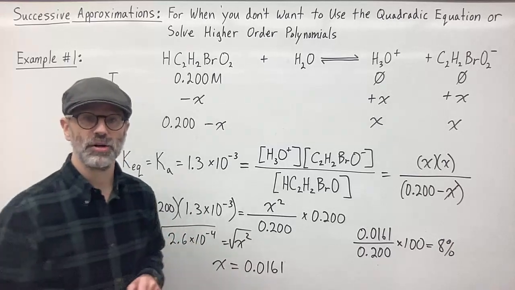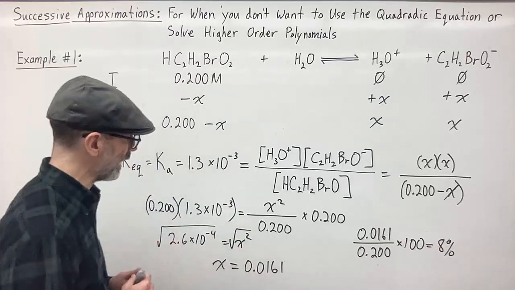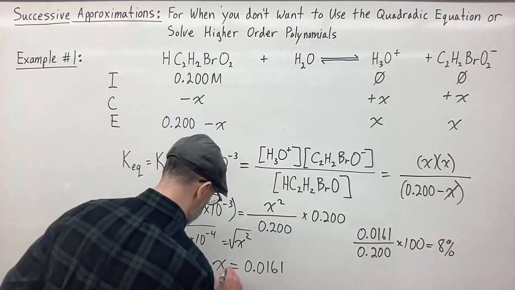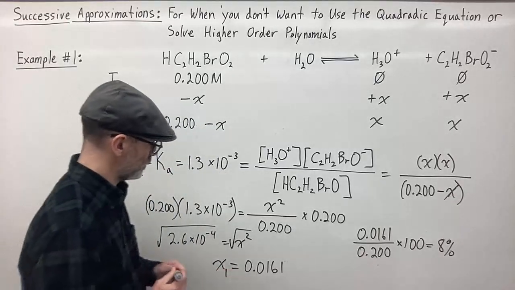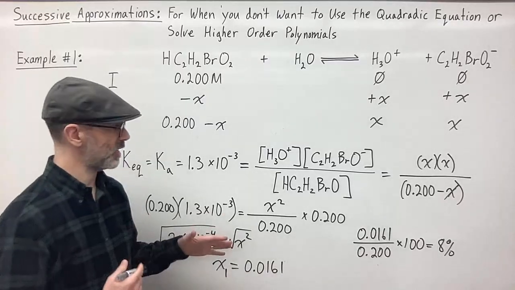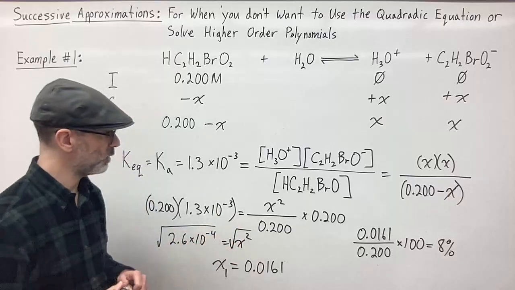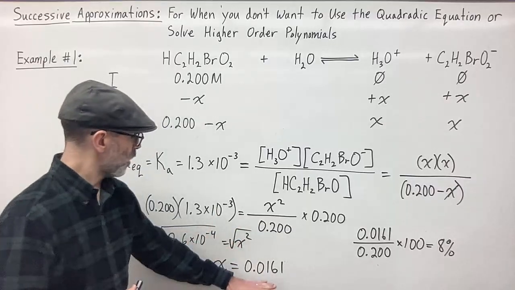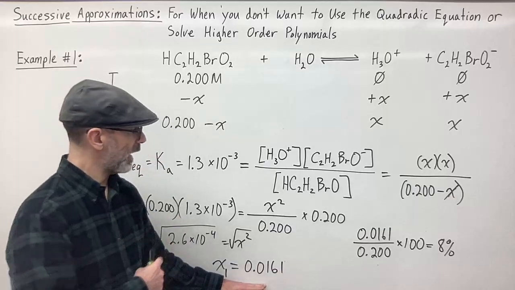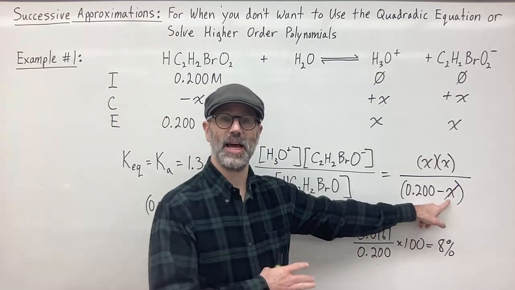Now here's where the successive approximations method comes in. What I can do is I can take my X value, we'll call this X1, right? This is my first X value in the iteration of the process of finding what my actual X value is going to be, what the real value is. Now I can take this X value that I got and plug it back into the X here that I had said was negligible.